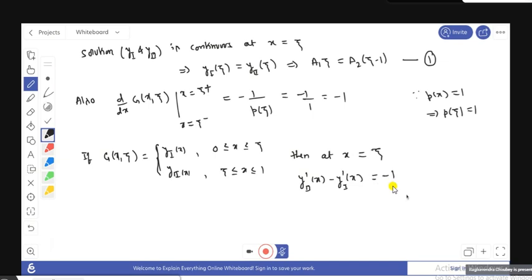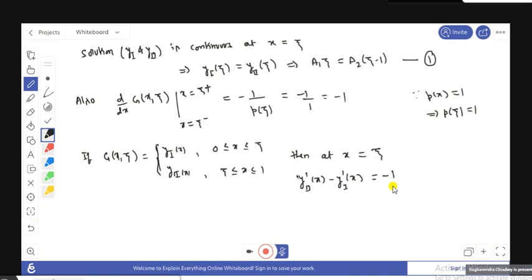Okay, so the derivative at xi plus, that is when x belongs to xi plus, is y2 prime, and minus, when x belongs to xi minus, is y1 prime.